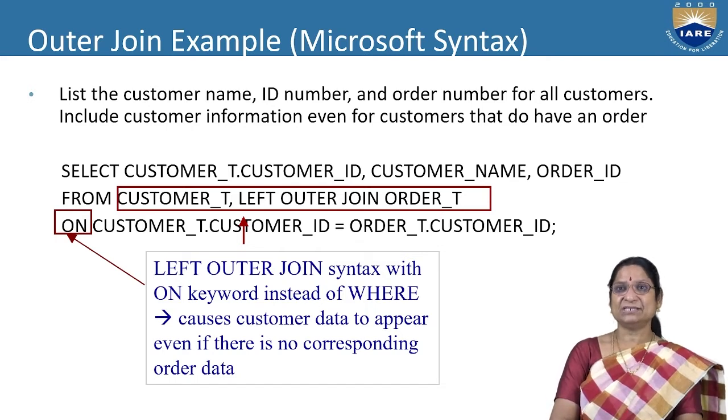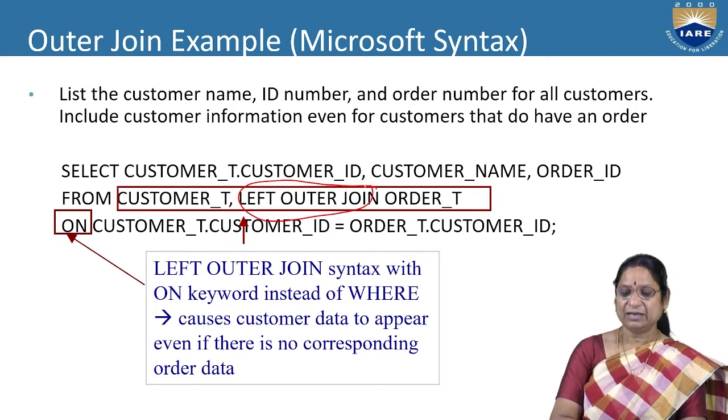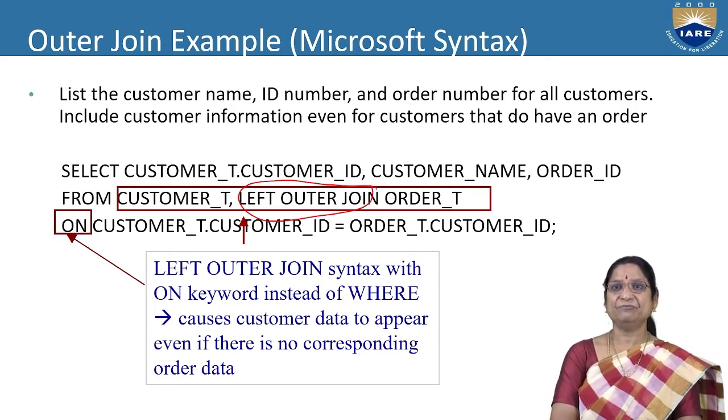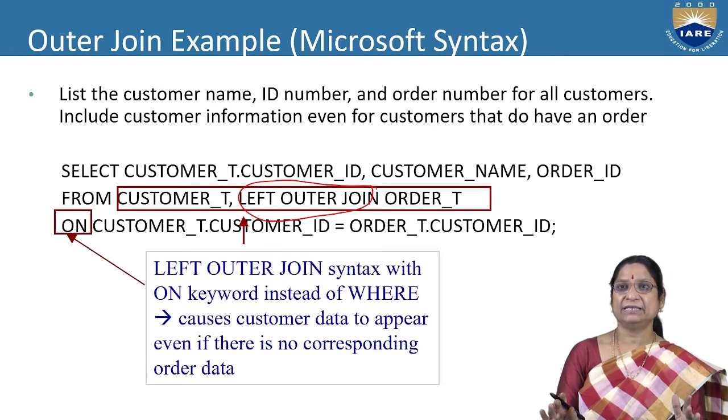But instead of using just the order table, I am using a syntax here. You please observe: left outer join order table. Left outer join order table means that when we are writing any condition, the left side is there, and even if there is no matching on the left side, the right side tuples, part of the tuple, must be displayed.